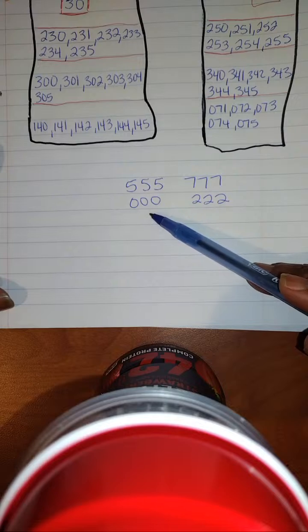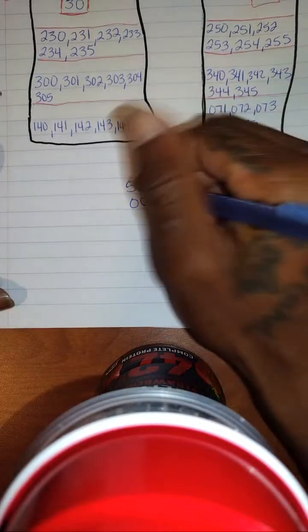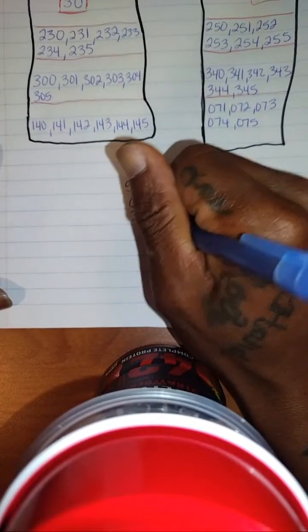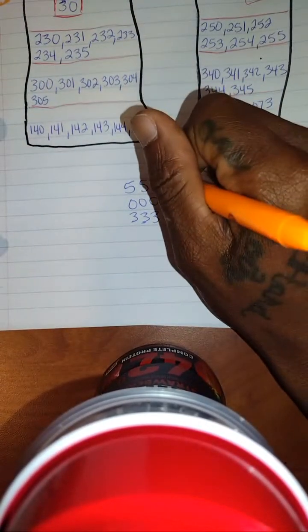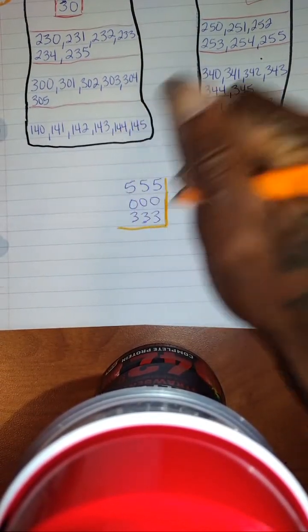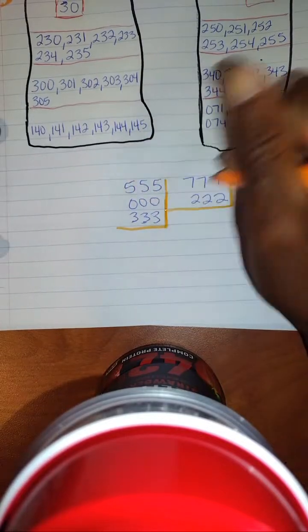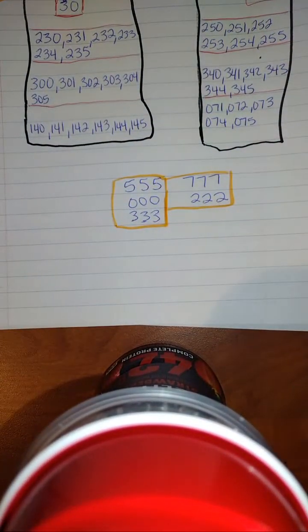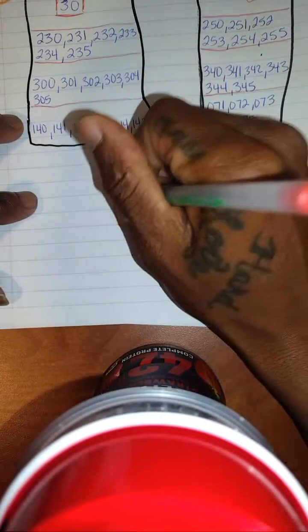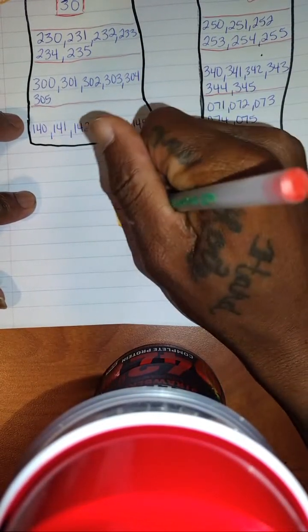I add 3 to them. 0 plus 3 got my 3s. These are my bonuses.